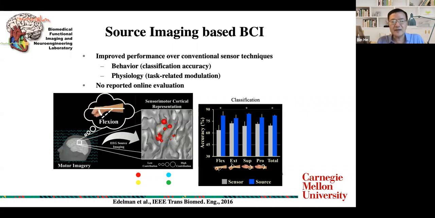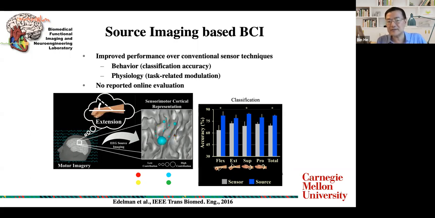In this case, he conducted an experiment with much more complex actions, including not just left versus right hand, but flexion, extension, supination, and pronation, very complicated hand gestures and movements. In this animation, you can see different color coding for 4 different kinds of action, and various cortical source distributions are obtained from such complicated hand movement imagination.